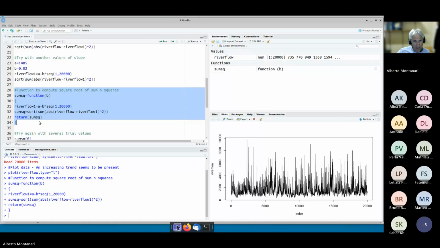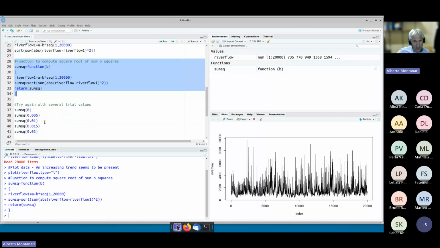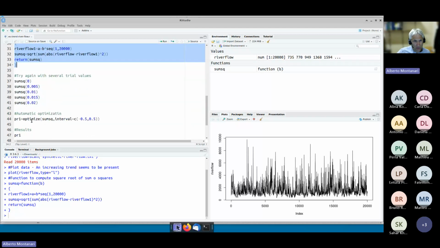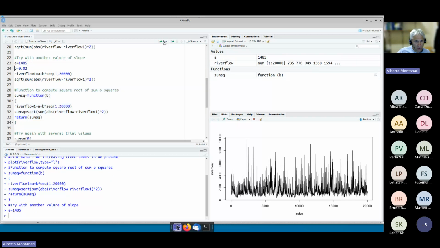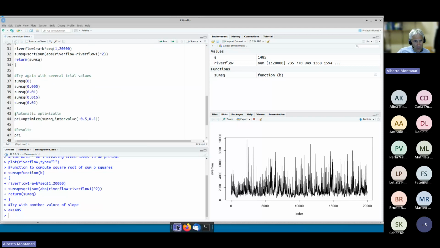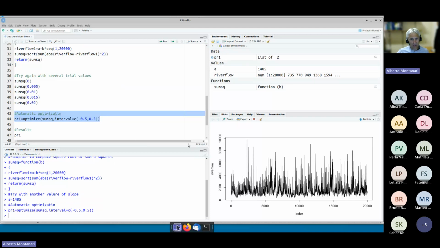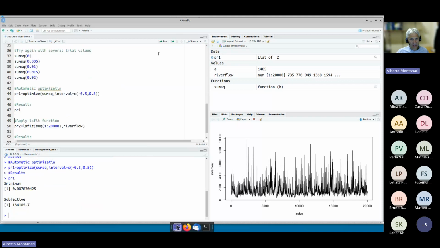Okay, and then I can use the optimize function, but before that I need to set the intercept. Okay, and then I can use the optimize function. This is what we did last time, and now we can see the results.